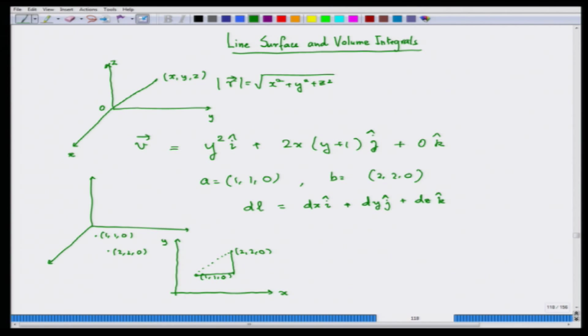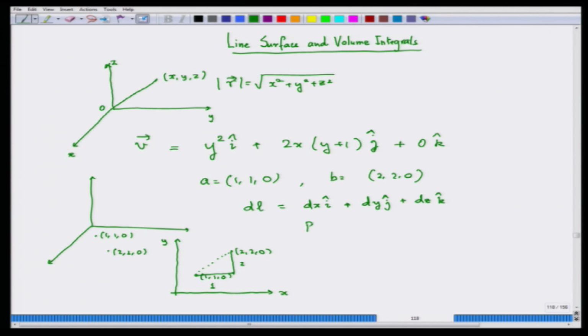Now, dl is this one which we have already written there. Along this path I first move from x equal to 1 to x equal to 2, and I do not make any change in the levels of y and z. This is the first part of the path, this is the second part of the path.